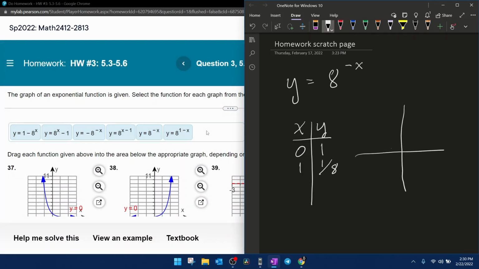Plotting those points, 0, 1 is our y-intercept. And then if I'm at 1, I'm at an eighth, which is barely above the x-axis, which indicates an exponential curve coming in like so. So, from our remaining graphs to choose from, we need to look for the curve coming in like so with our y-intercept of 1.